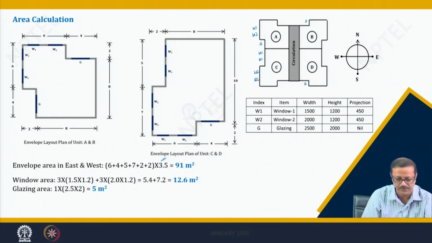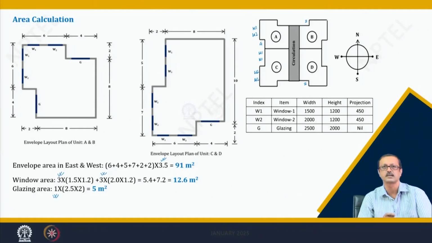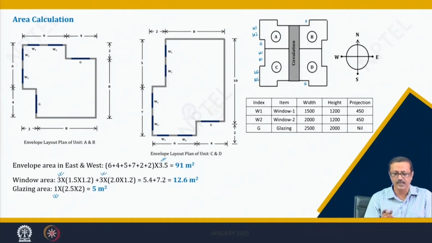So, finally, it makes 3 W1 and 3 W2 and 1 glazing in the east and west facade, and based on that I have calculated the area of the window as 12.6 meter square, and the area of the glazing as 5 meter square. Now, I can find the solid wall area as 91 minus those areas. So, 73.4 meter square is the solid wall area.